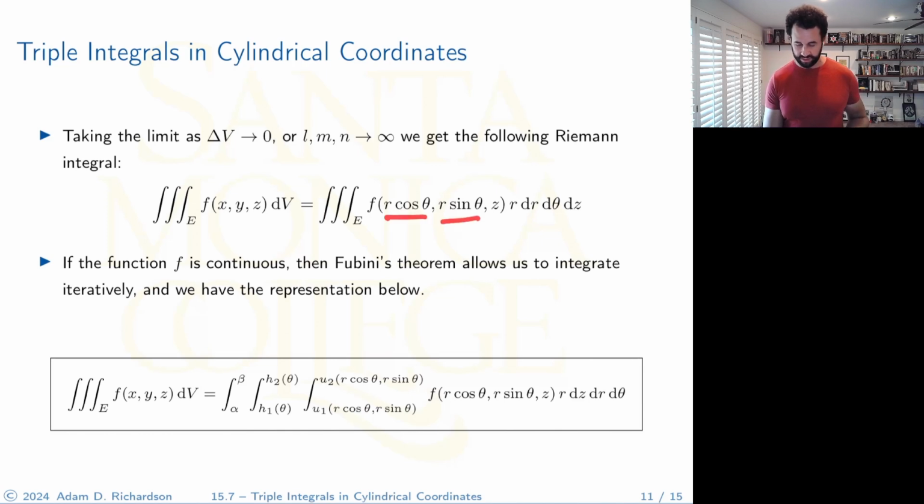Here we have f of r cosine theta, r sine theta, z, and there's that volume form right there, just like we've seen in the past, except now there's another coordinate. There's a dz in this case. If the function f is continuous, then Fubini's theorem lets us integrate iteratively.